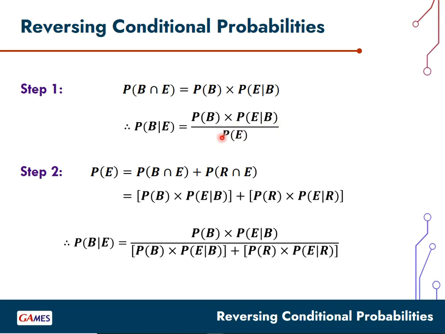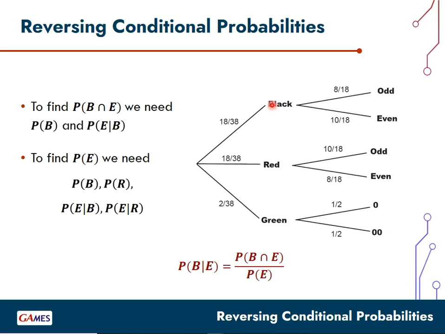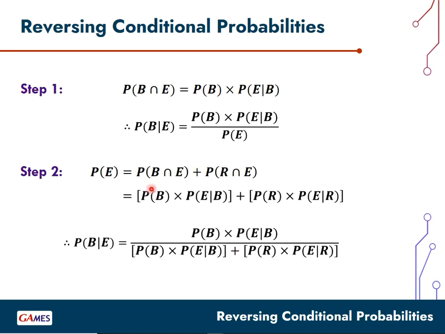What is left now is to deconstruct this P of E, and it turns out that this one is even more complicated than this guy here. It was easy when you're checking the probabilities of B, R, or G, but now checking the probability of E, not conditioned on anything, simply by using the information on this probability tree, it turns out to be a serious case.